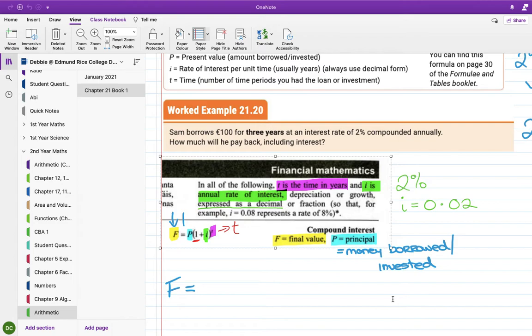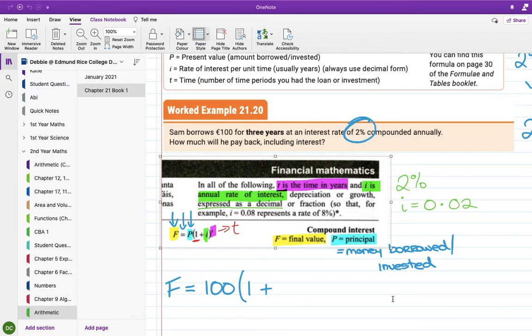So P is the principal, which is the money invested or the money borrowed. In this case, Sean borrows €100, so P is €100. Next, I have a bracket, I have a 1, and I have a plus. Copying the formula, next is the interest, the I. So the interest in this question is 2%, but you can't put that in as a percentage.